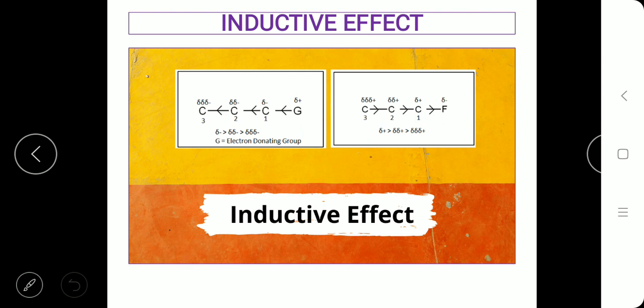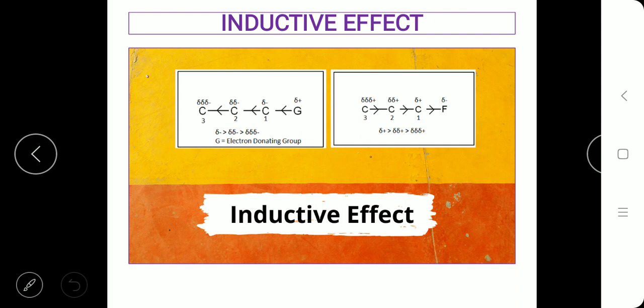That means at C1 there are more electrons given by the electron donating group, and as the size of the aliphatic chain increases, the inductive effect decreases.